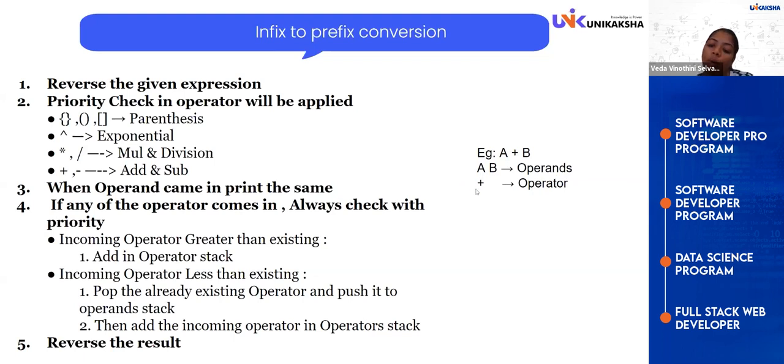Whenever an operator comes in, you want to check two things. First you check the priority, and then you work on that. Imagine there are two operators: if the incoming operator is greater than the existing one, it is added to the operator stack. If it is less than the existing one, it will first pop and then push the operands, and then add the incoming operator to the operator stack.